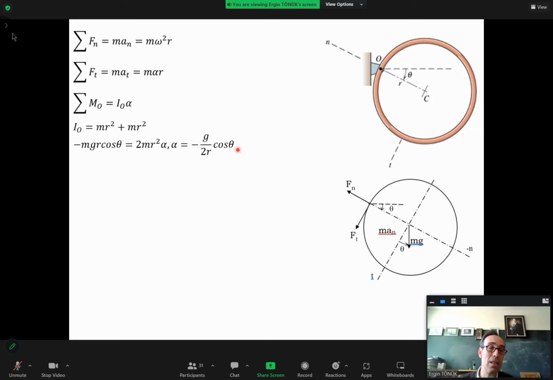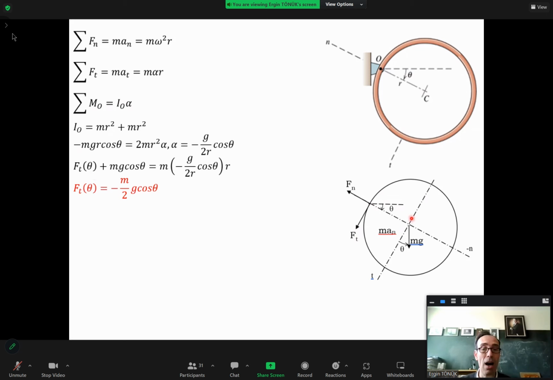So I obtain an expression for the angular acceleration. Okay. I didn't get anything about those reaction forces which are asked, but I obtain an expression for the angular acceleration, which would be useful. Then I may move to these two equations. And for example, for tangential direction, I have this reaction force, which I wrote as a function of theta, okay?